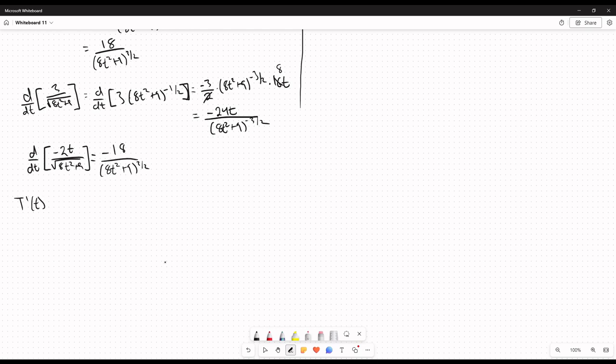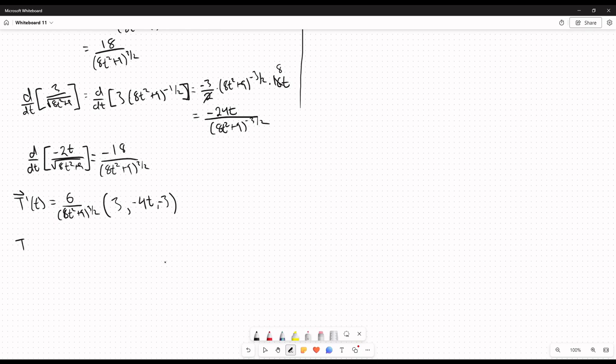I'm going to write the derivative as, and this is just going to make my life so much easier coming up soon, 6 over 8t squared plus 9 to the 3/2, because I can factor that out from all of them, and what I'm left with is 3, negative 4t, 3. Oh, and there's a negative here as well. Don't want to forget that.